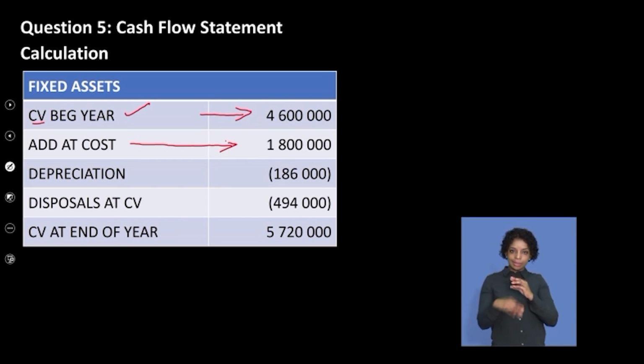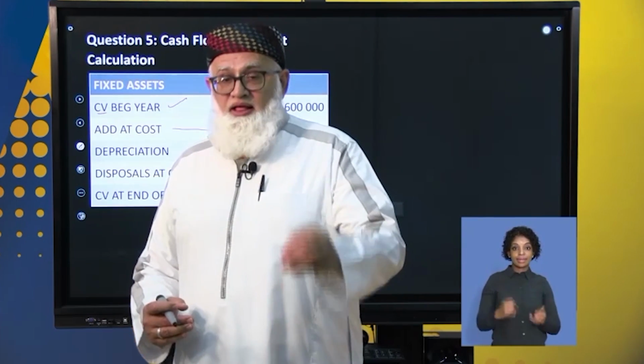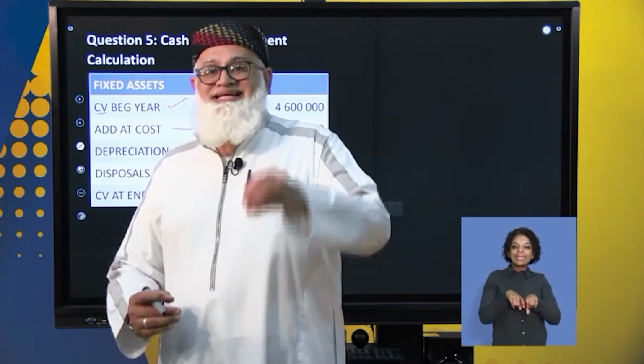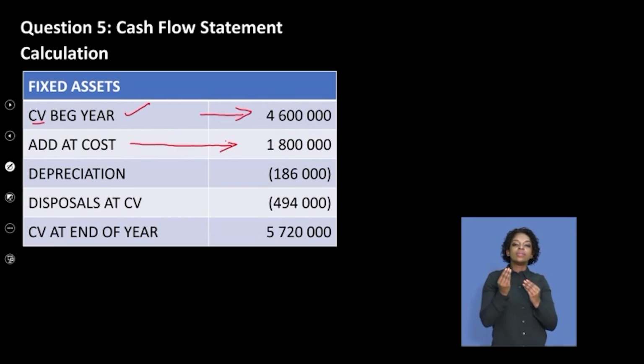You could get disposals of land and buildings as well. So please make sure you know exactly how to deal with what I'm referring to now. In this particular case, the question that we are talking about, there's an addition at cost. Got my addition at cost? 1,800,000. Okay, then I bring in my depreciation, and we spoke about that at length.